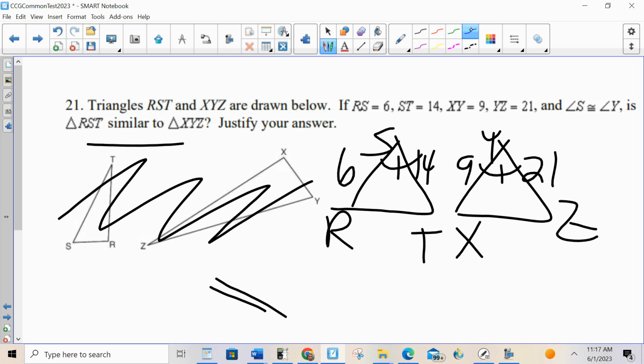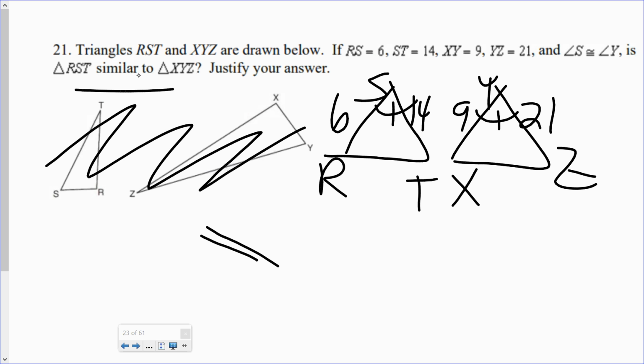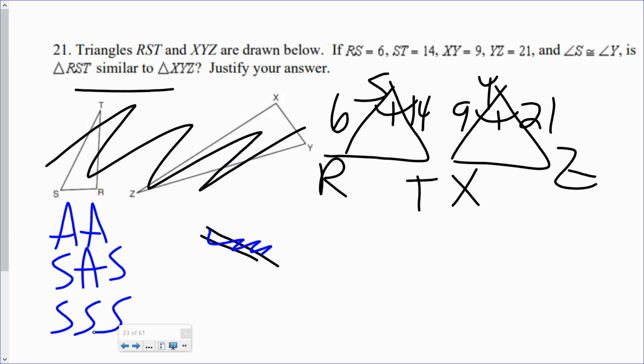All right, so I'm still going to try and blow this up. Good. So there are 3 methods for showing triangles are similar: AA, SAS, SSS. The A's mean that corresponding angles are congruent. The S's mean that corresponding sides are in proportion. So AA, 2 pairs of corresponding angles are congruent.